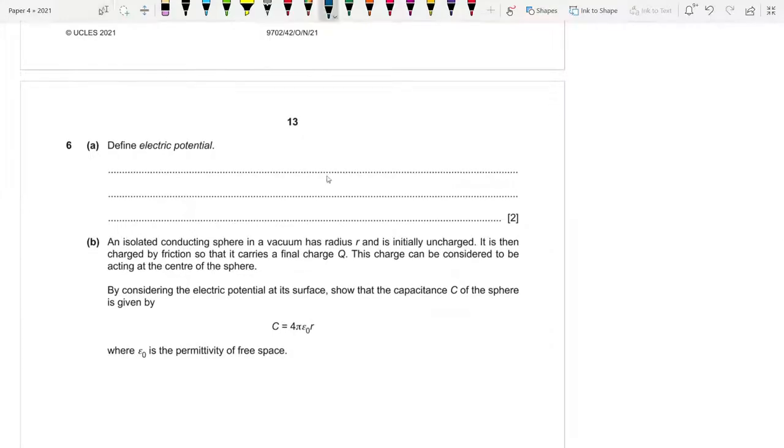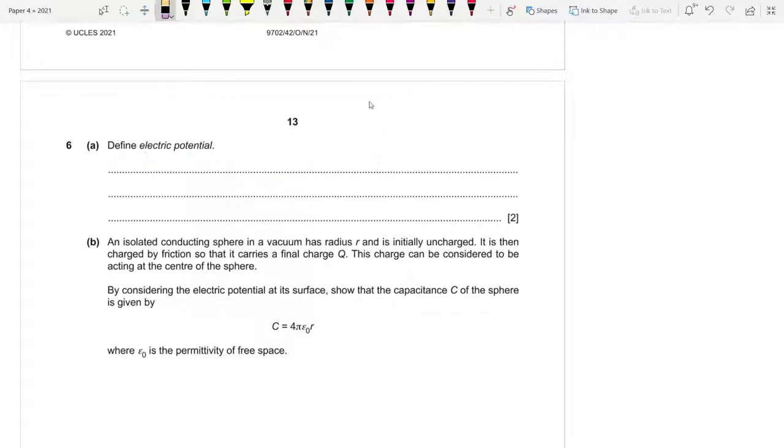What is electric potential? Electric potential is basically work done per unit charge. It's basically the work done per unit charge to do what? To move it from infinity to a point inside the field. But work done per unit, you have to say it's the work done per unit positive charge.